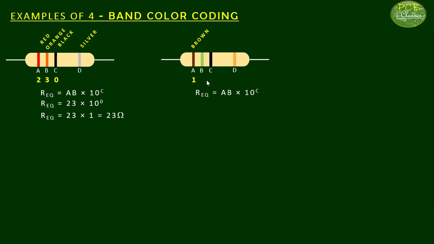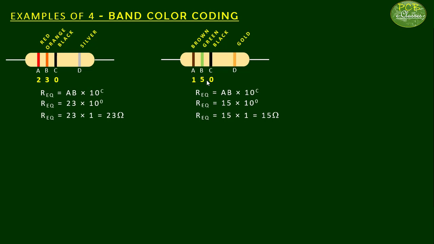Next one is green. What is the color code here? 5. Next one is the black. Its color code is 0. So let us substitute the value. R equivalent will be AB, means 15 into 10 to the power 0. That comes 15 into 1, that is 15 ohms.